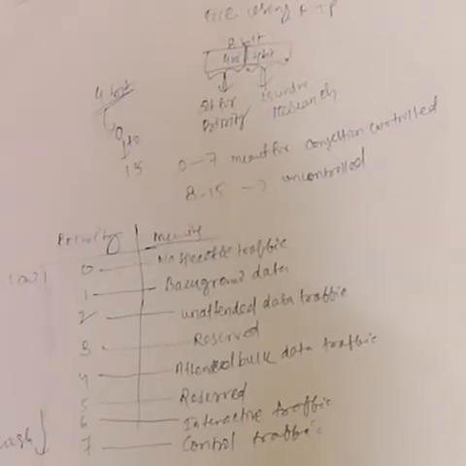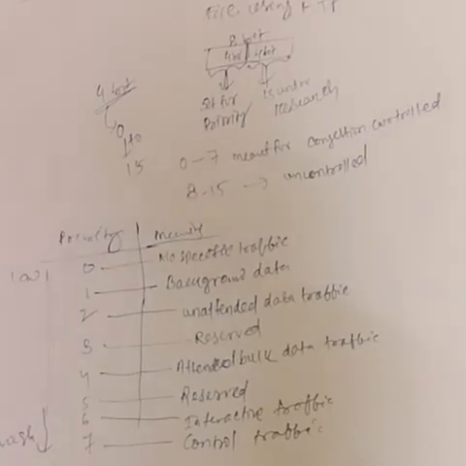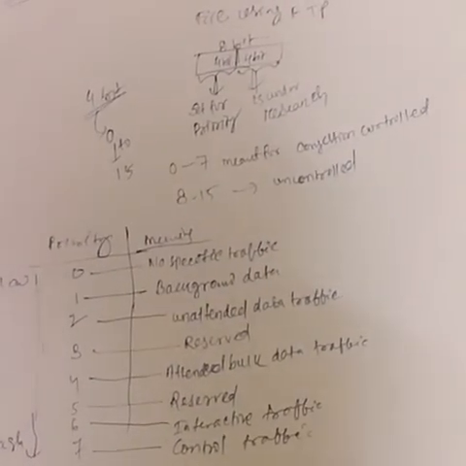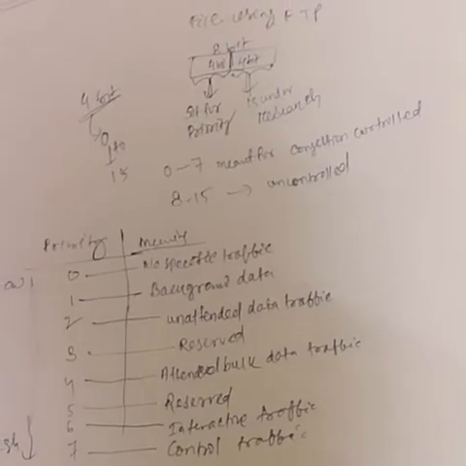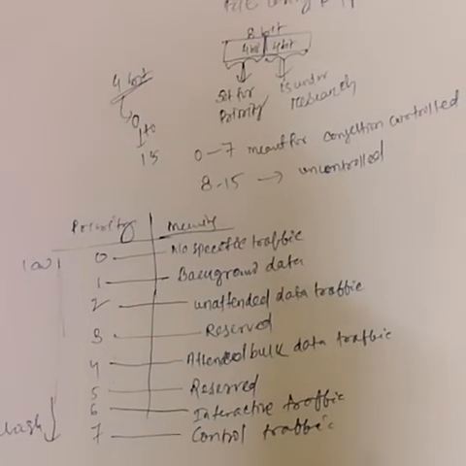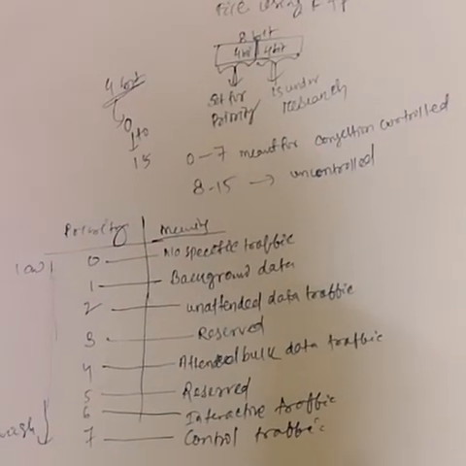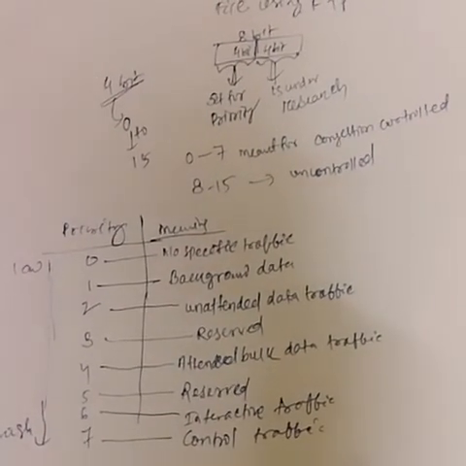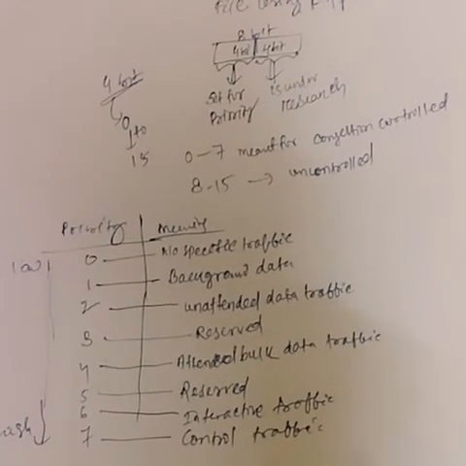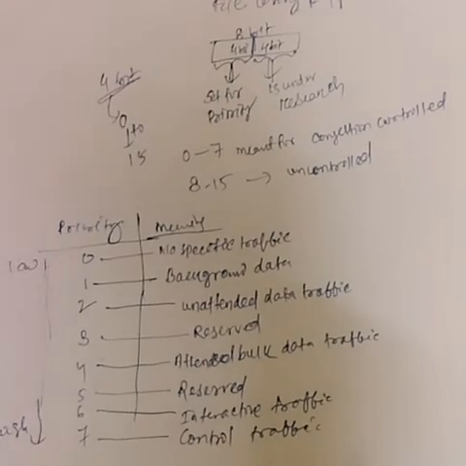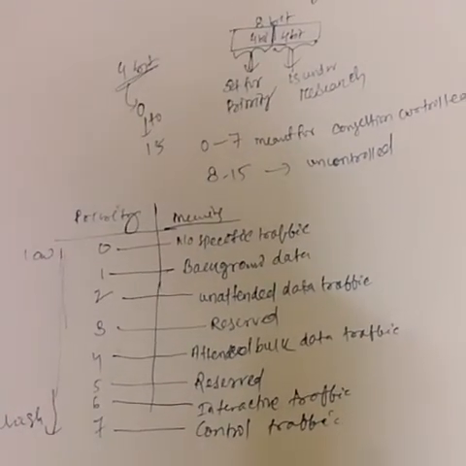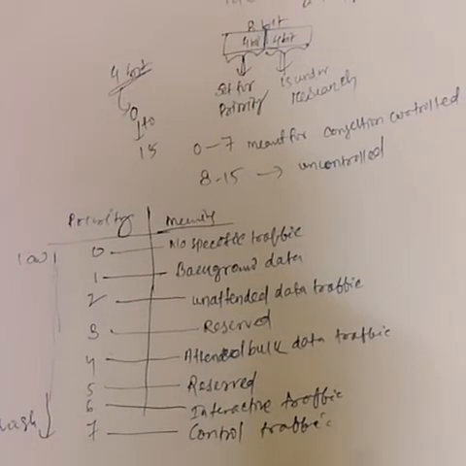Next is interactive traffic. Interactive traffic means someone is interacting with the server, for example remote login. Remote login can be given higher priority because of SNMP. What is SNMP? SNMP is Simple Network Management Protocol.